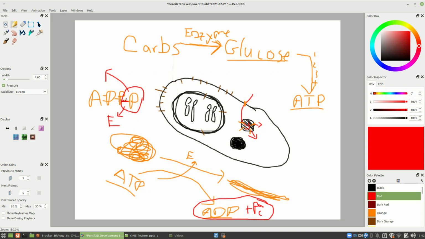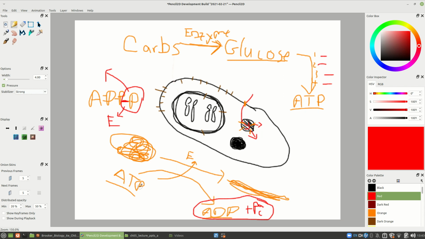But we do need to know that you rip the P's off to release the energy, and that energy goes to the protein, which allows it to change shape and do its job, whatever it is. There are proteins all along here, maybe 3, 4, 5, maybe a dozen, that go to convert something like glucose to ATP. And then, of course, you want to pump that ATP back out in the cell so all your proteins will work.